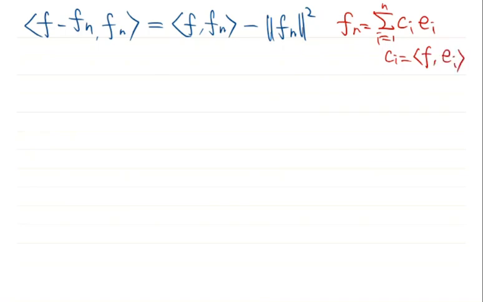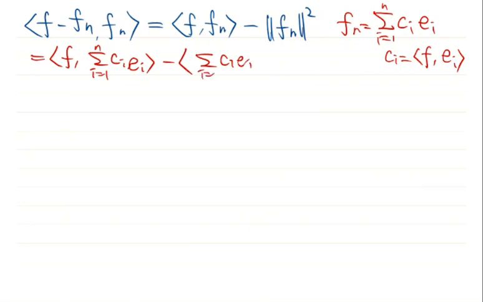Okay, so this is the inner product of f with the sum of ci ei, i from 1 to n, subtract the inner product of fn with fn, that is the sum of ci ei, i from 1 to n, with the sum of cj ej.